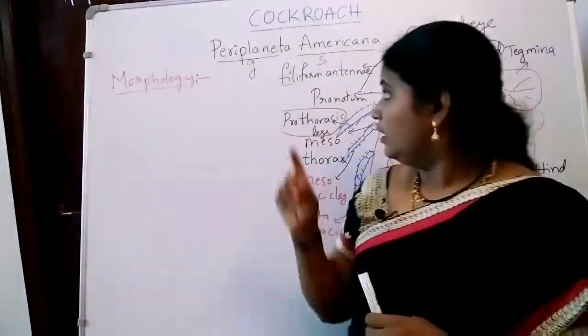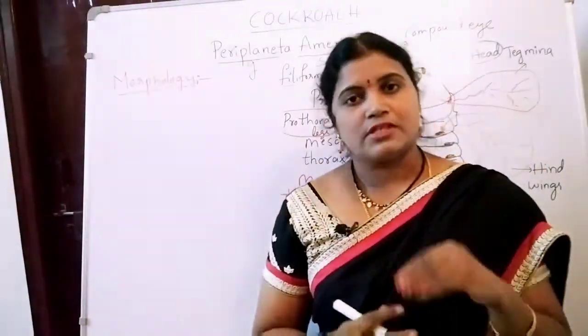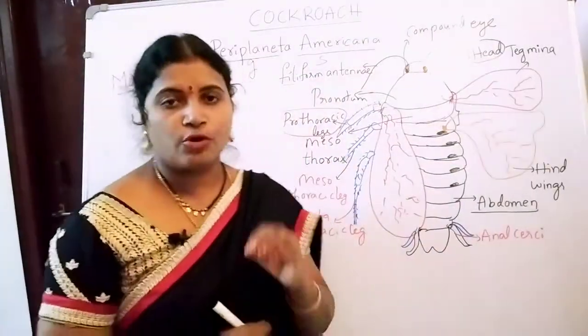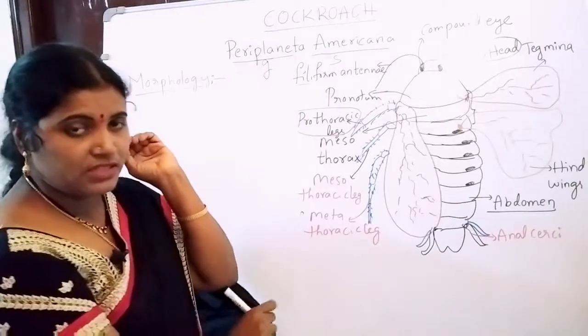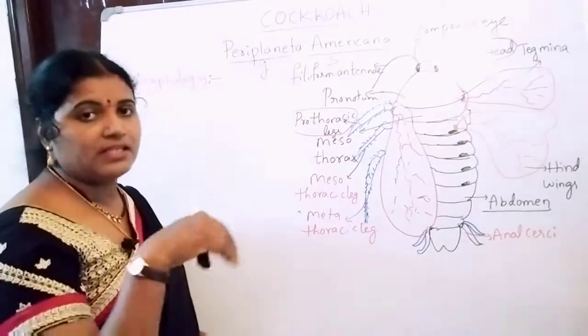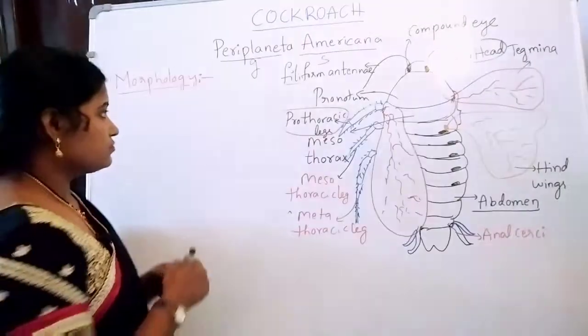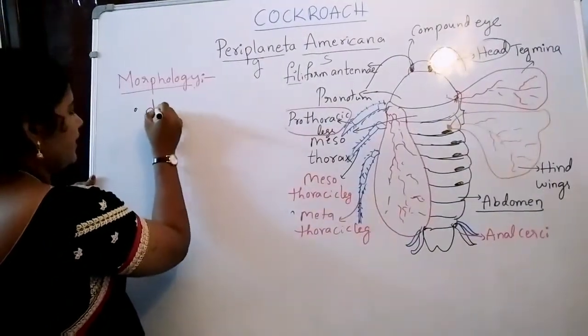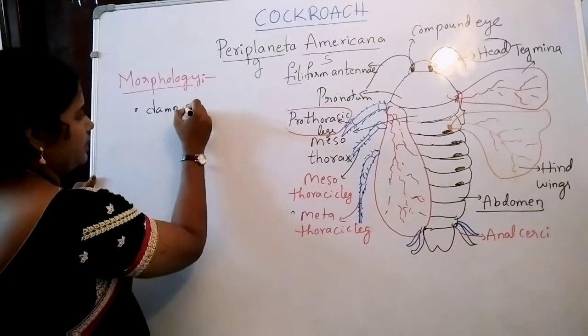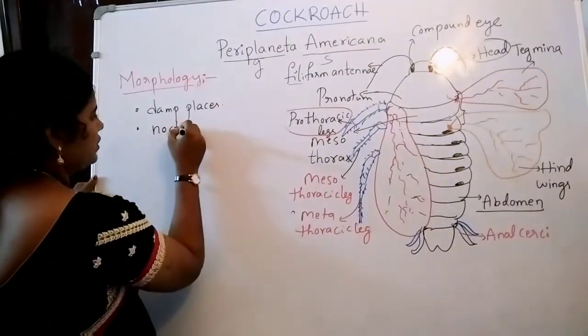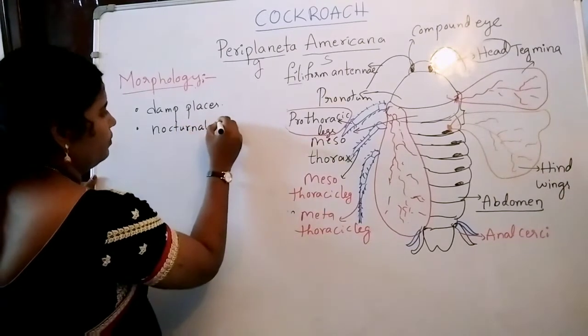Okay, so here in Periplaneta americana, first we will see the morphological characters. The cockroach is a tropical insect. Tropical insect means it is available in most areas, especially in damp places. It is a nocturnal insect and a nocturnal omnivore.